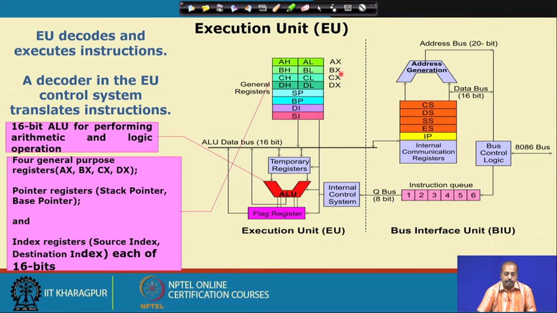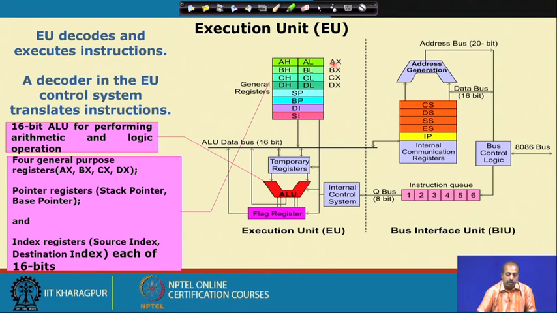These are 16-bit registers and can also be thought of as consisting of 8-bit pairs. AX can be divided into 2 registers, AH and AL, of 8 bits each. BX can be thought of as 2 8-bit registers, BH and BL. They can be accessed either as a 16-bit register or as 2 8-bit registers.